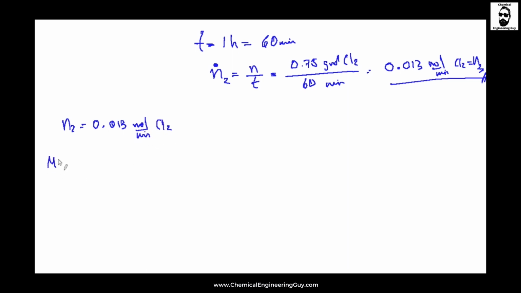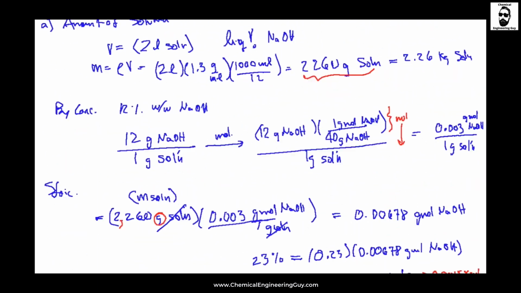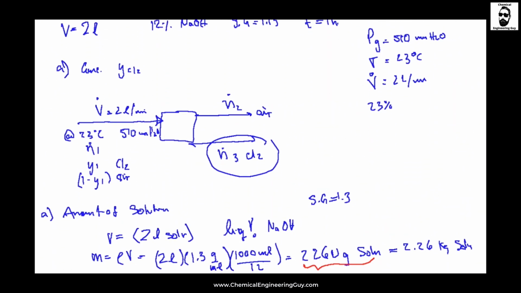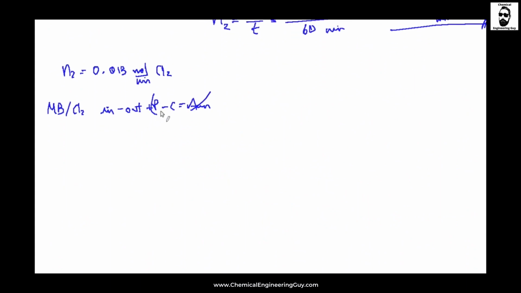So if I wanted to do a mass balance in chlorine, I will have inlet minus outlet plus production minus consumption equals accumulation. But since it's absorption, I'm going to use essentially inlet equals outlet.